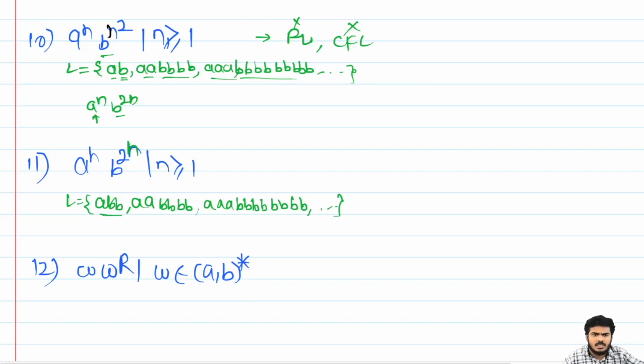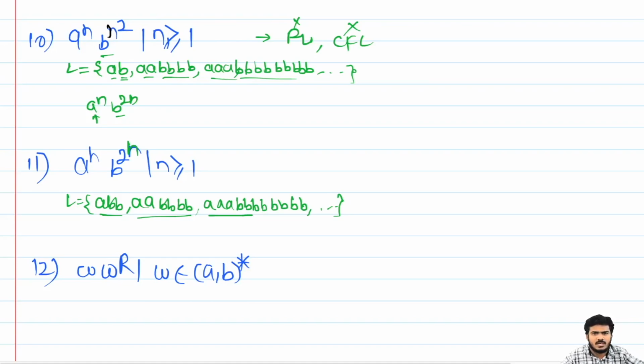Here 1a and 2b's, okay, double. 2a and 4b's, that is also double, fine. When 3 a's occurred, we need 6 b's only, but we are getting 8 b's. So we are not able to find out for a single occurrence of a how many a's we have to push into the stack.